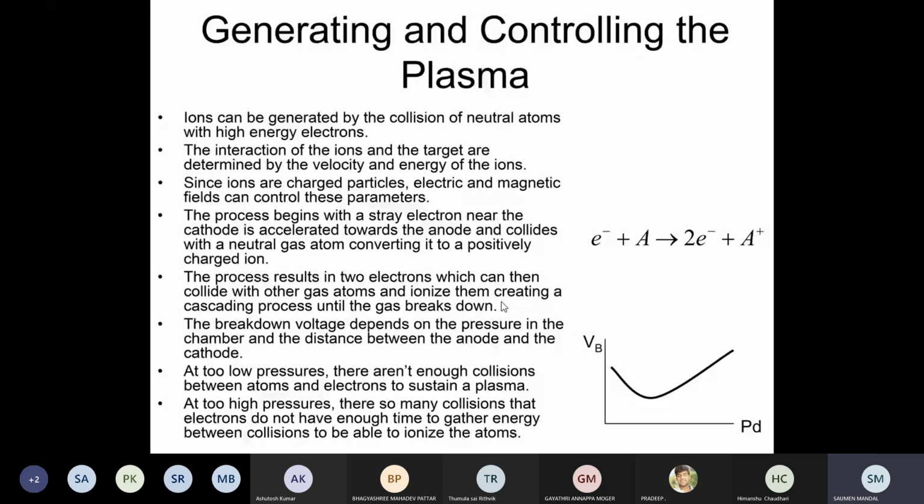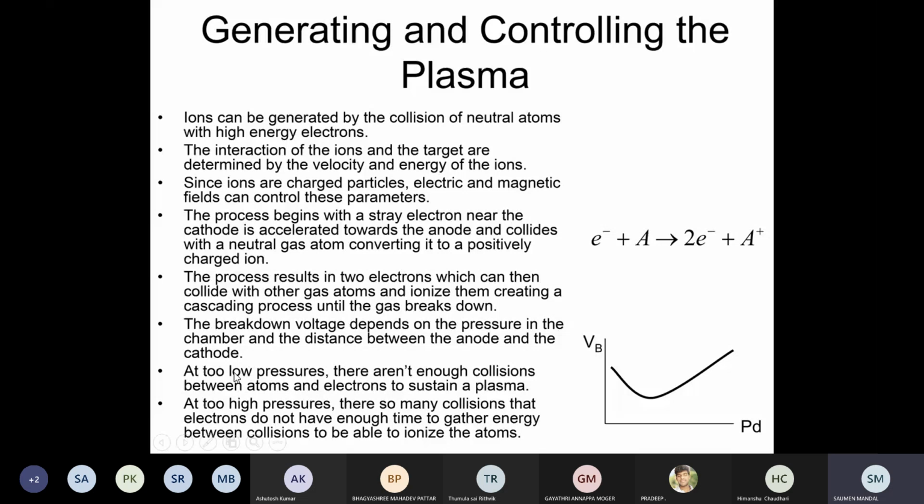The breakdown voltage depends on the pressure in the chamber and the distance between anode and cathode. So you have to reach this breakdown voltage. Now the question is how to control the pressure. First you get a vacuum, then in a controlled way you purge the argon. If you purge too much, the pressure will be high.